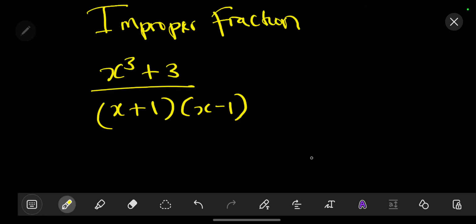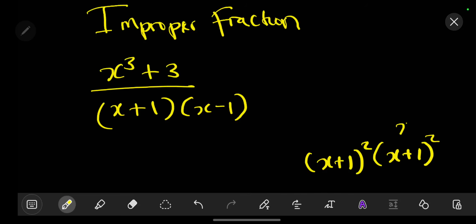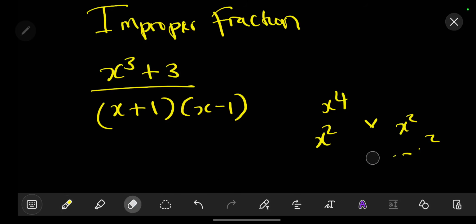Sometimes you might have x plus 1 squared times x plus 1 squared. That means when you expand this, it will be x to the power 2, and this will be x to the power 2. When you multiply these two, it will be x to the power 4, which is a greater power. However, for this one, when you multiply, you are going to have a quadratic equation.